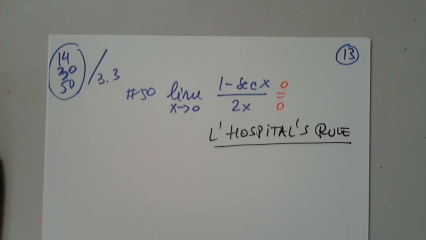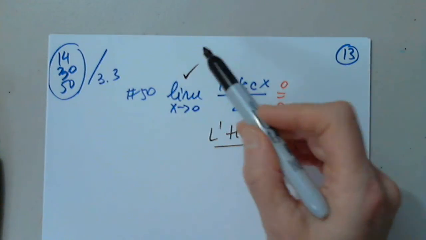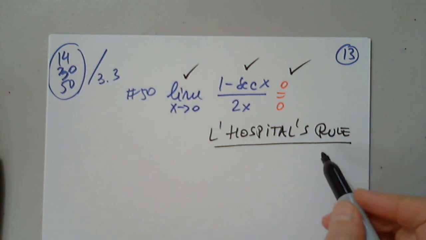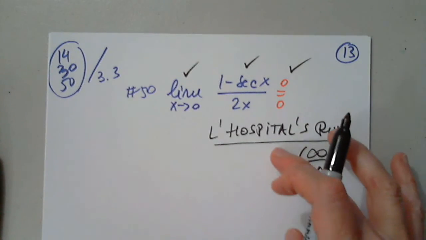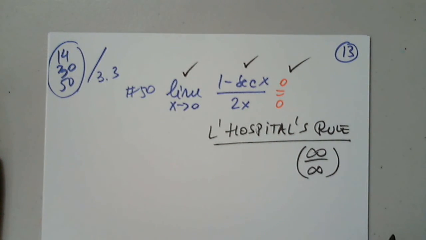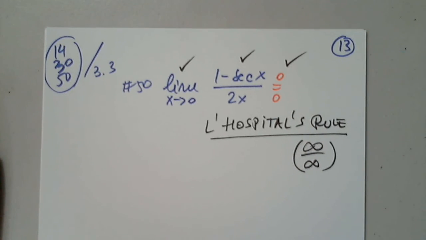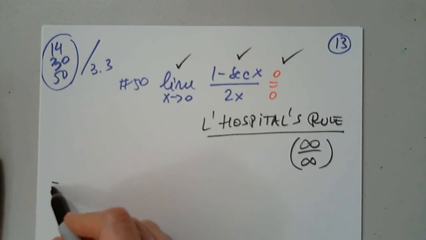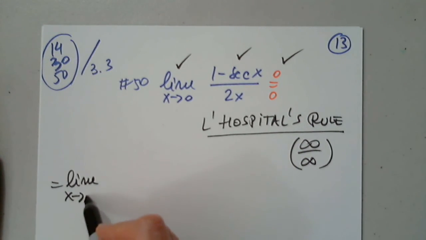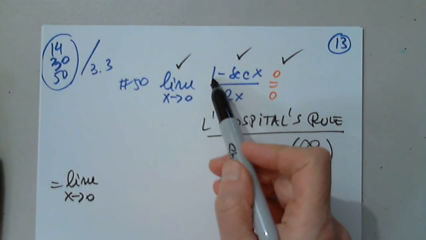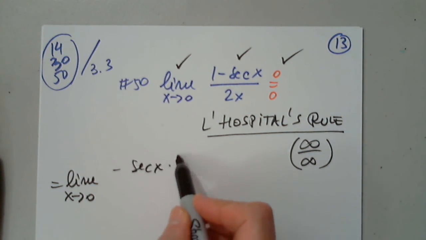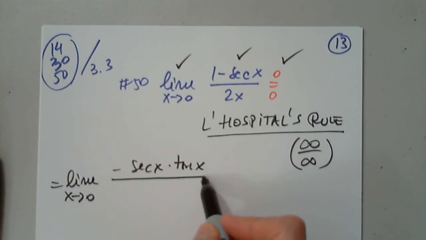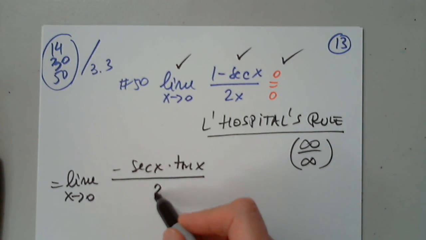L'Hopital's rule. All three conditions are fulfilled. One, ratio, 0 over 0 or infinity over infinity. Both. We are going to look in chapter 4 at more sophisticated situations, the other indeterminate cases. So then I have the limit as x approaches 0. This prime is 0. This prime is negative secant tangent over this prime, which is 2.